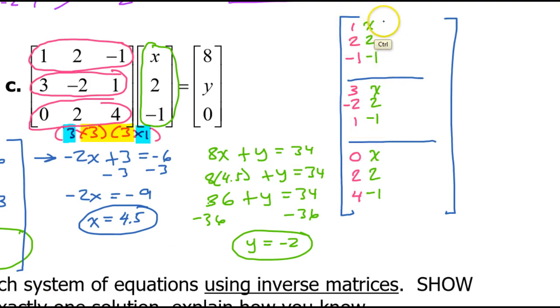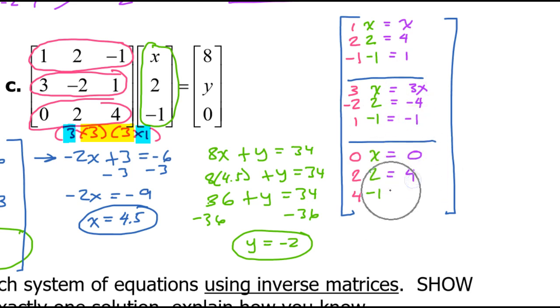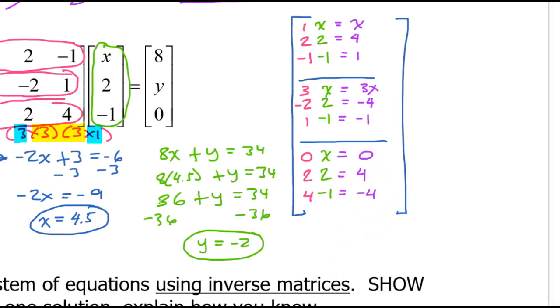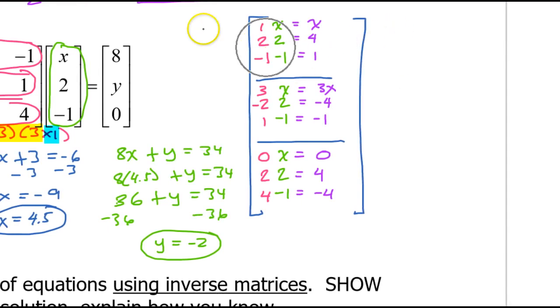If I multiply here, I'm going to get x and 4 and positive 1. And this is going to give me 3x, negative 4, negative 1, 0, 4, and negative 4. Now, I need to add these together to get the answer.